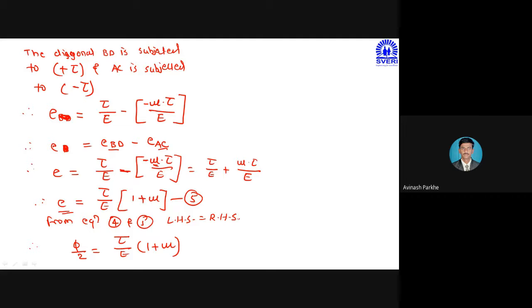So phi upon 2 is equal to tau upon E in bracket 1 plus mu. That term we have calculated. Now by rearranging the terms, we have phi by 2 is equal to tau upon E in bracket 1 plus mu.